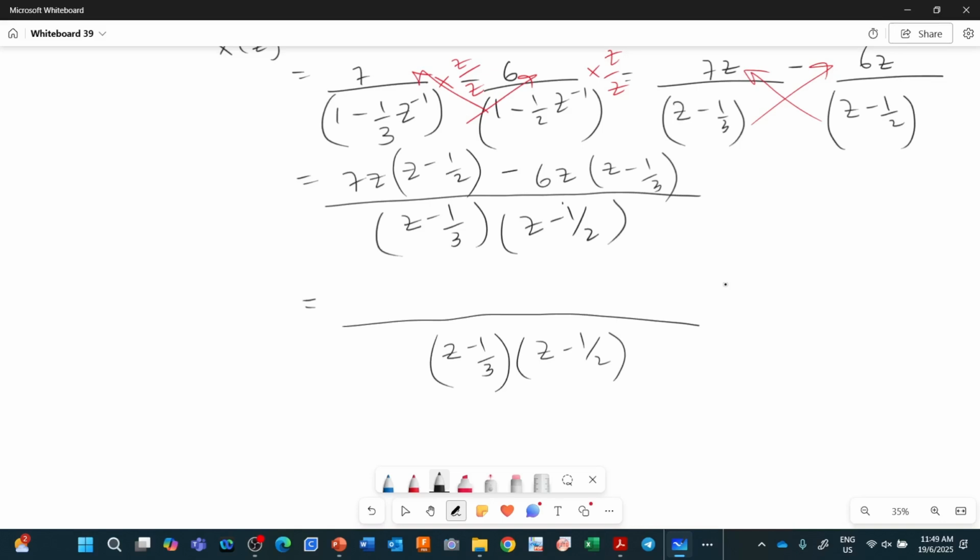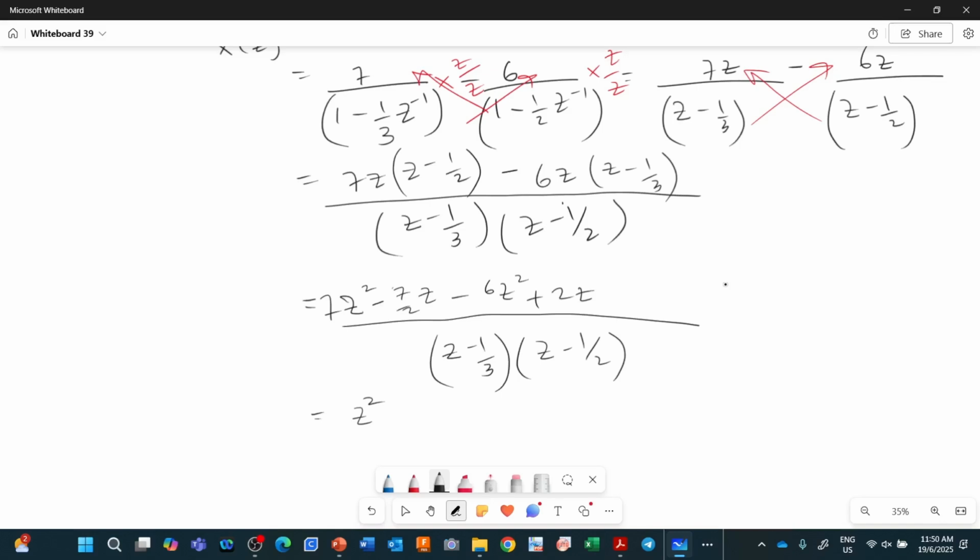Okay, let's expand. So you have 7z squared minus 7 over 2 z, minus 6z squared plus 6 divided by 3, 2 z, right? Expand it. So 7z squared minus 6z squared, you get z squared. Then minus 7 over 2 plus 2, z.